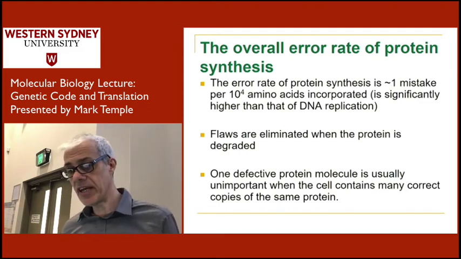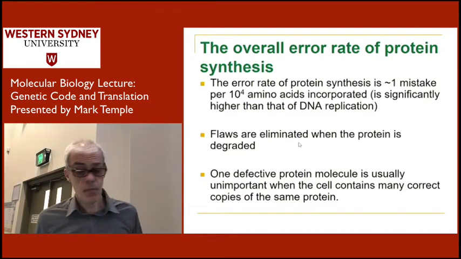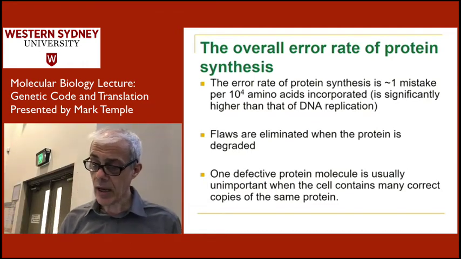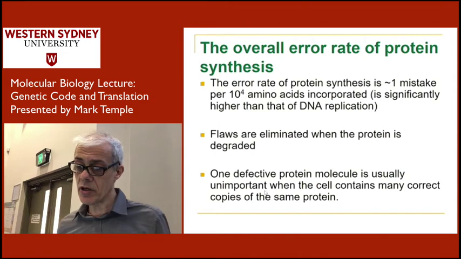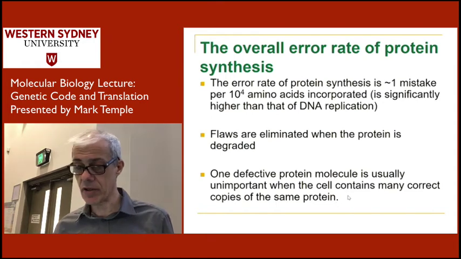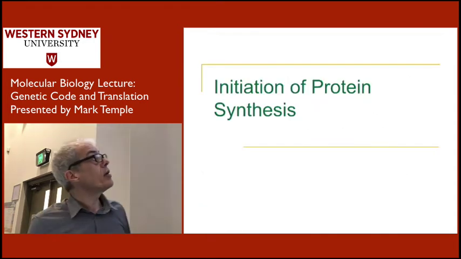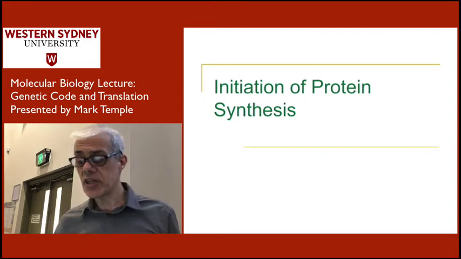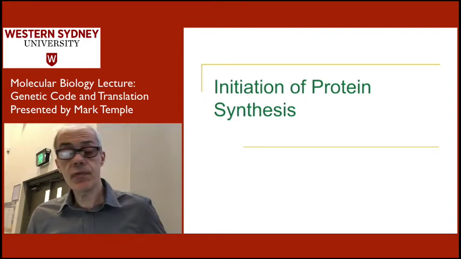So if there's a mistake incorporated, it doesn't have a long-term consequence for the cell. So any defective protein will normally be broken down fairly quickly, and there are good copies of the proteins to carry out the function.